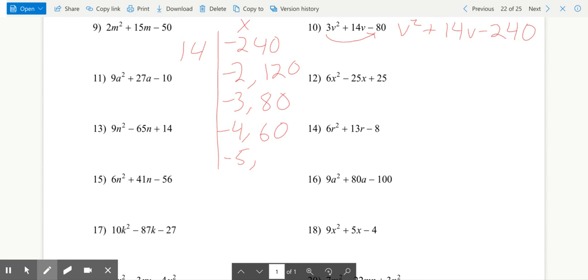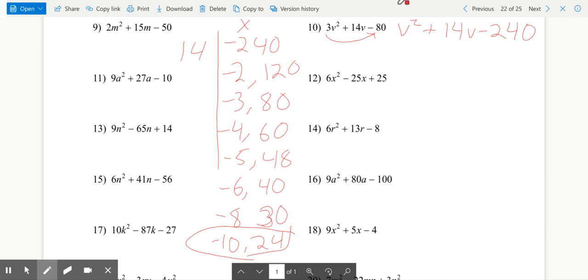Negative 5 and 48, still too big. Negative 6 and 40, still too big. Negative 8 and 30, oops, still too big. Negative 10 and 24, there we go. 24 minus 10 is 14. Those are the factors that we're looking for.